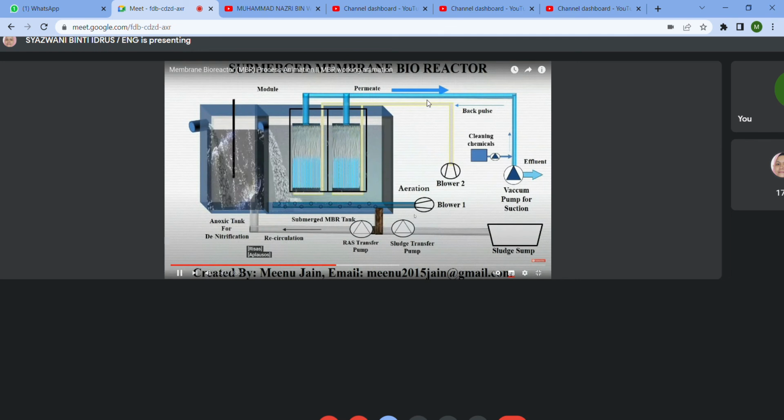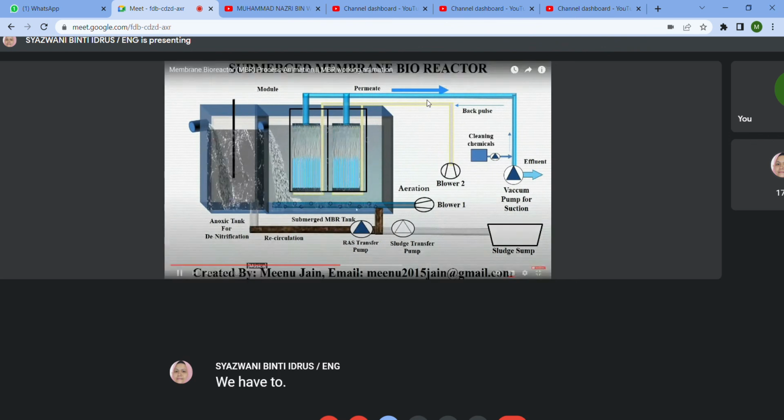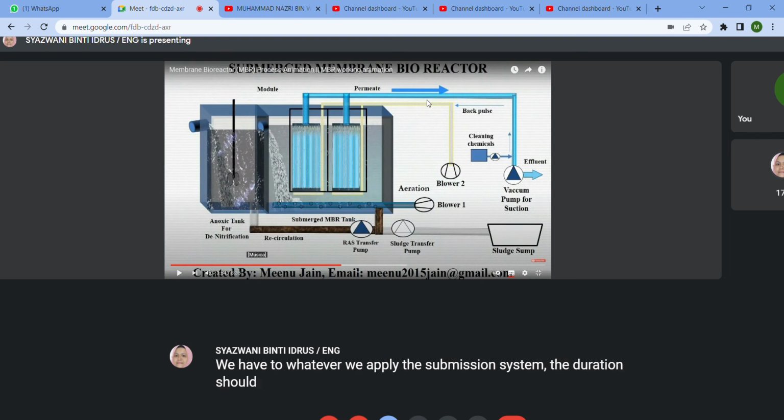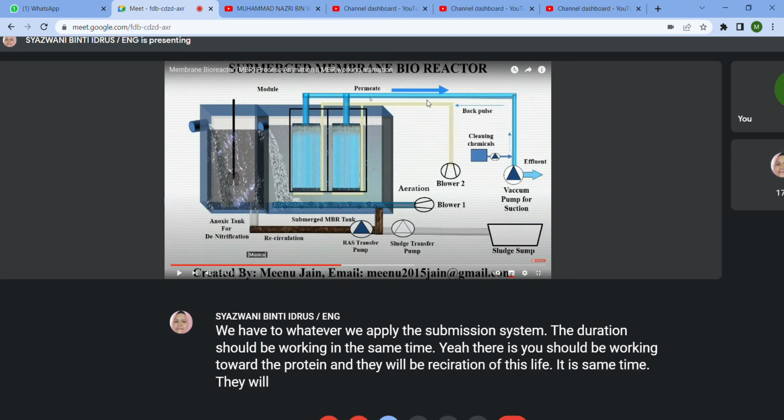At the same time, when we have the aeration, this is what I mean: whenever we apply the submerged system, the aeration should be working at the same time to avoid the clogging, and there will be recirculation of the sludge. At the same time, they keep collecting the permeate.